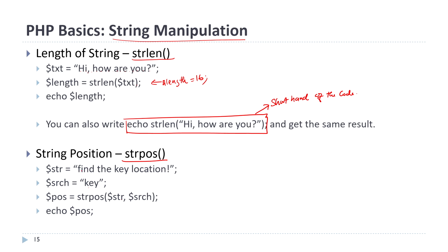So, it says okay, here is a string and it will search for the key. 1 2 3 4 5 6 7 8 9. So, it says from the 10th position onwards the key string is there. You can say that you count to 10, and at the 11th position you can see the keyword key is available. So, this is an example code. Try it out by yourself and see whether it actually works.